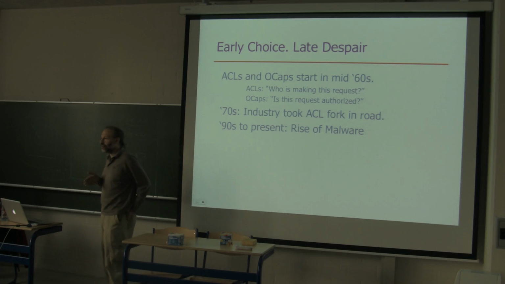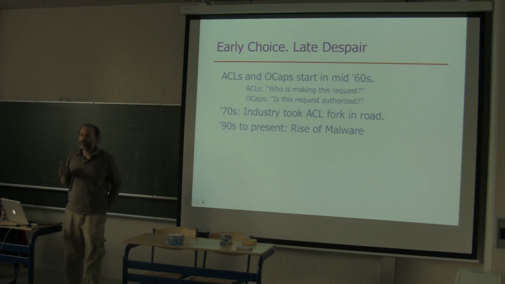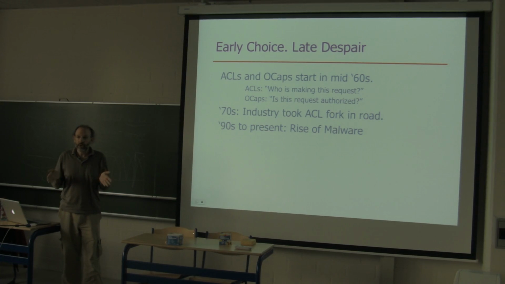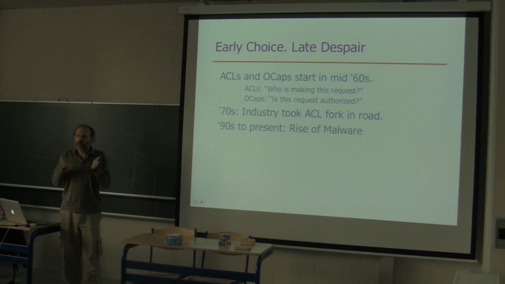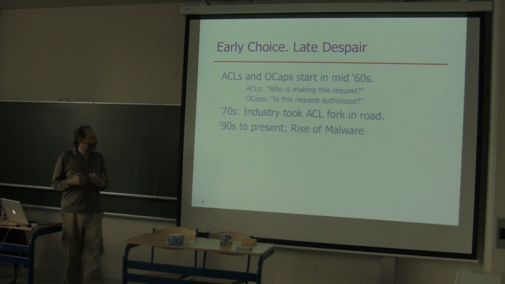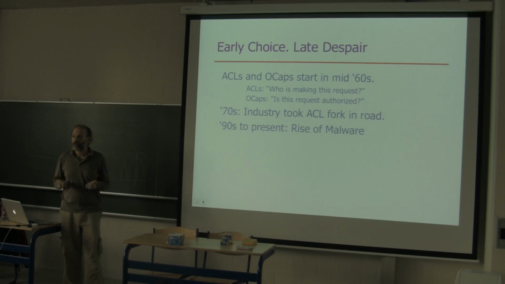In the 1970s, decades before the rise of malware, the industry, as it was growing, effectively faced a choice, a fork in the road, and through various accidents of history, it chose the ACL path, the ACL fork in the road. And then in the 90s, we started to see the real rise of malware, and the security situation has gotten worse ever since.